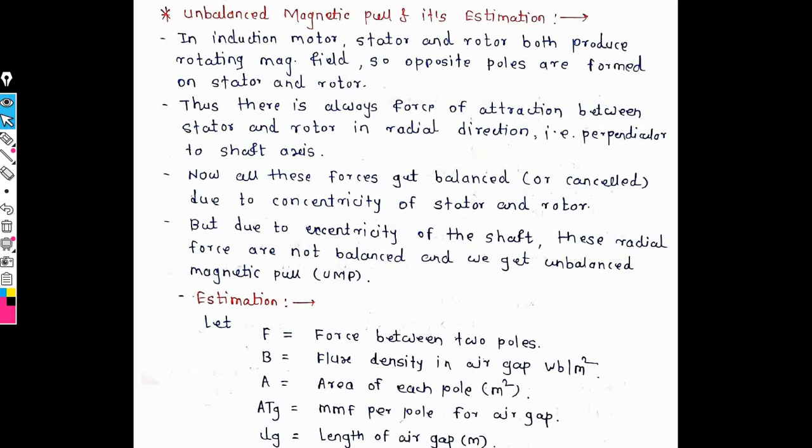All the forces are present in stator and rotor. When these two forces, that is axial forces and radial forces, are balanced in the induction motor, it is called the magnetic pull condition, and when these forces are not balanced, it is called the unbalanced magnetic pull condition.